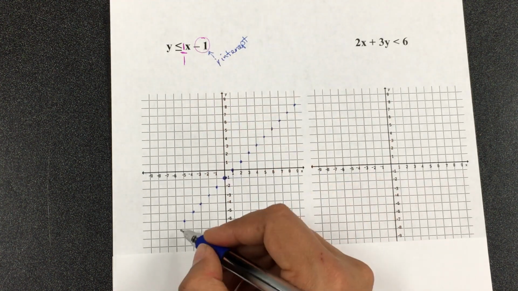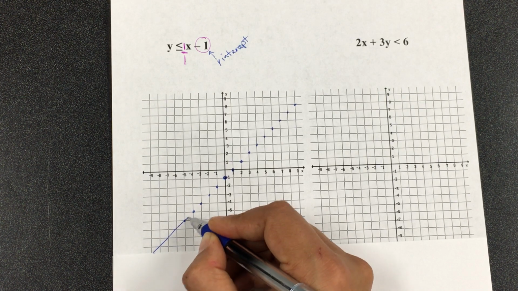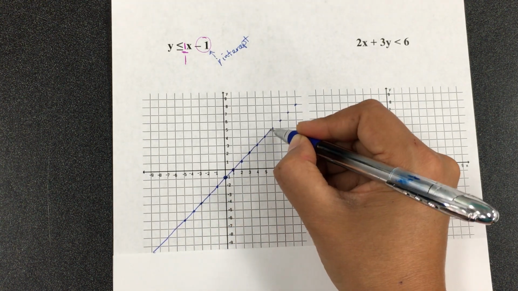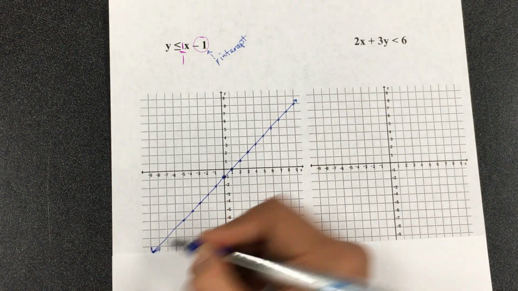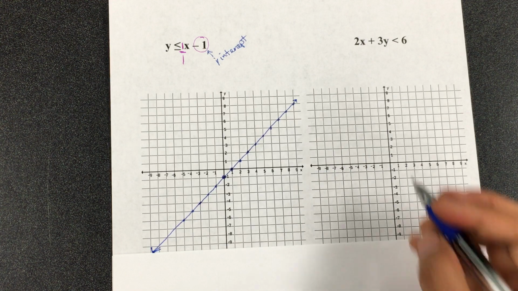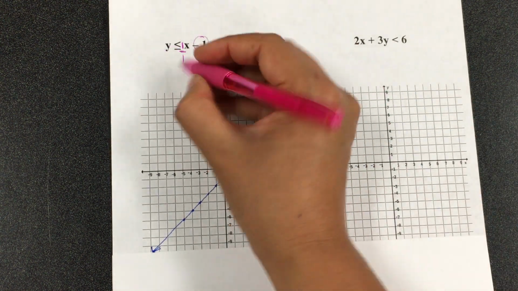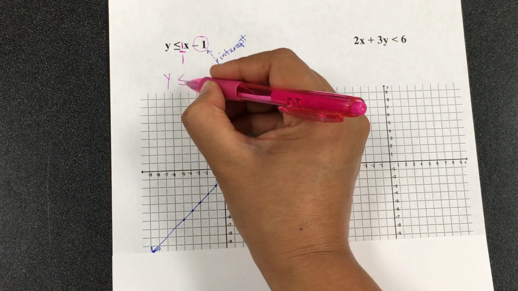Now in here we do have the equal sign, so that means that my line is going to be solid. Okay, the line is going to be solid, it's not going to be broken. And so for the shading, we take Y, it's positive, so it's going to be easy.